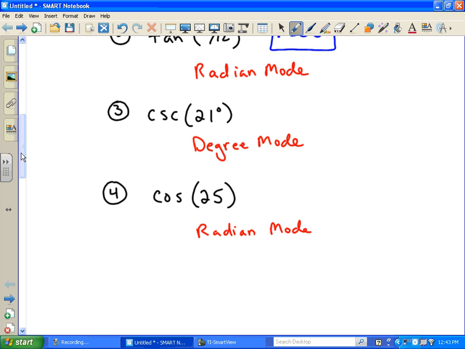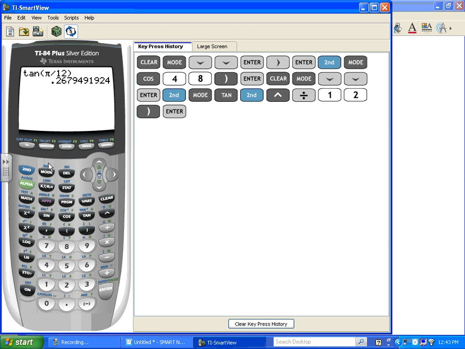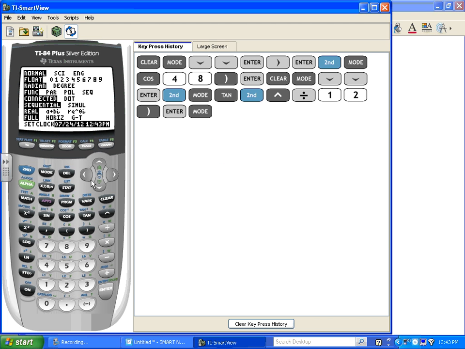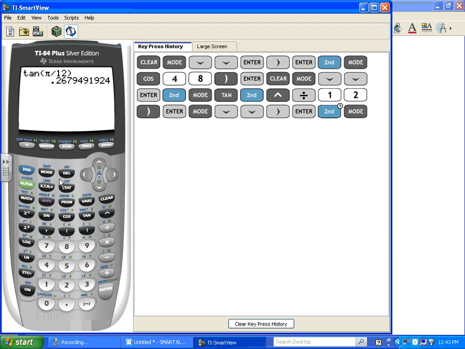Now, cosecant of 21 degrees. The first thing I need to do is change the mode back to degrees. And then the next thing I'm going to notice is that I don't have a cosecant button. I have sine, I have cosine, and I have tangent.